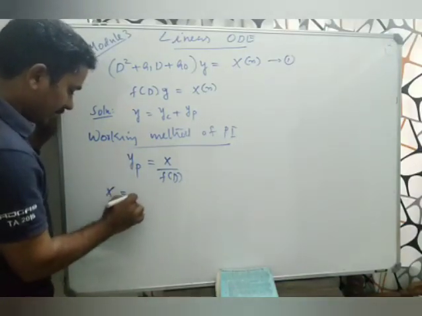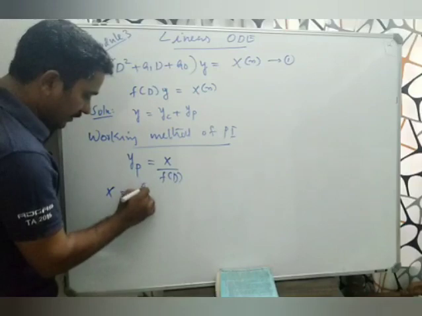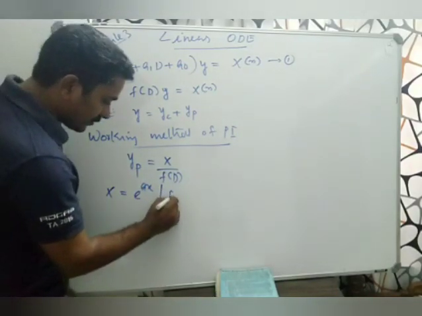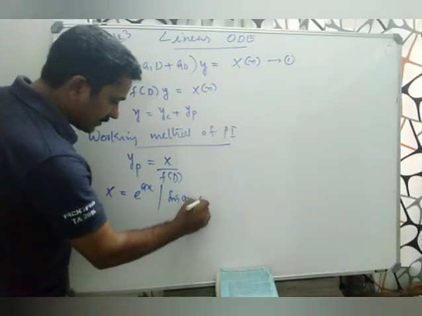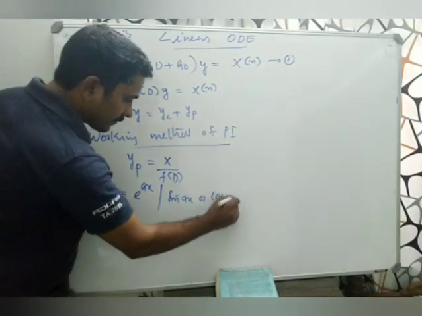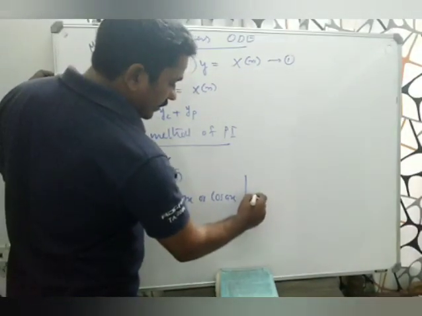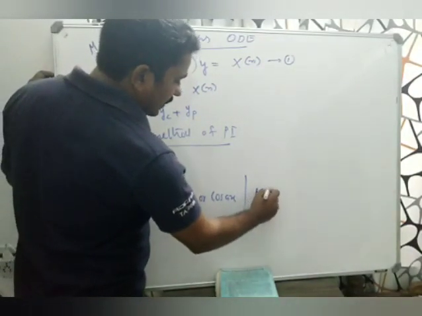It can be e to the power ax, this is one of the functions, or sine ax or cos ax. Then a polynomial, I'll write that as some p of x.